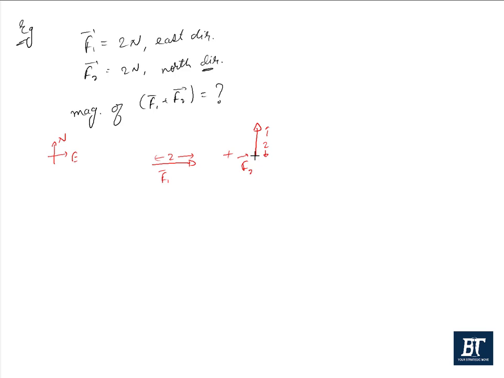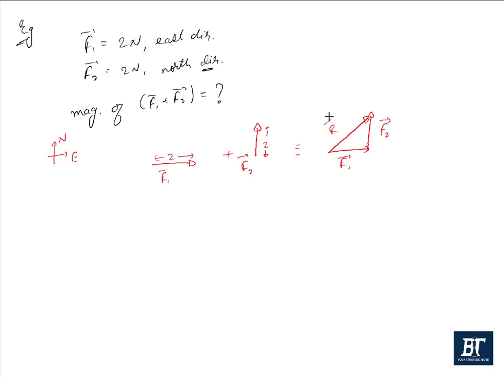This is vector F2. So from triangle of vector addition, we will first fix any vector, and then we will place the tail of second vector over the head of the first vector, and to find the resultant we will join the tail of first vector to the head of the second vector.